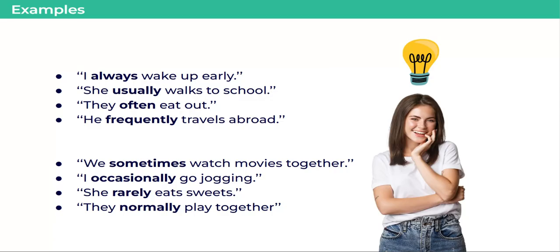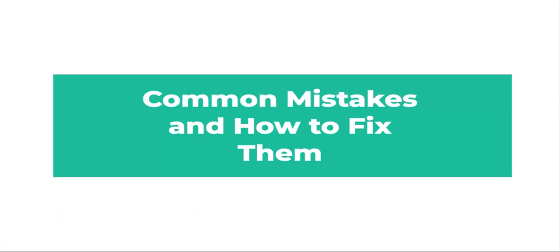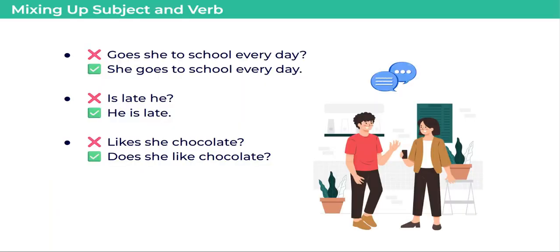So in third place, what are some common mistakes that we make with sentence structure, and how can we fix them? Sometimes we can mix the subject and the verb up.